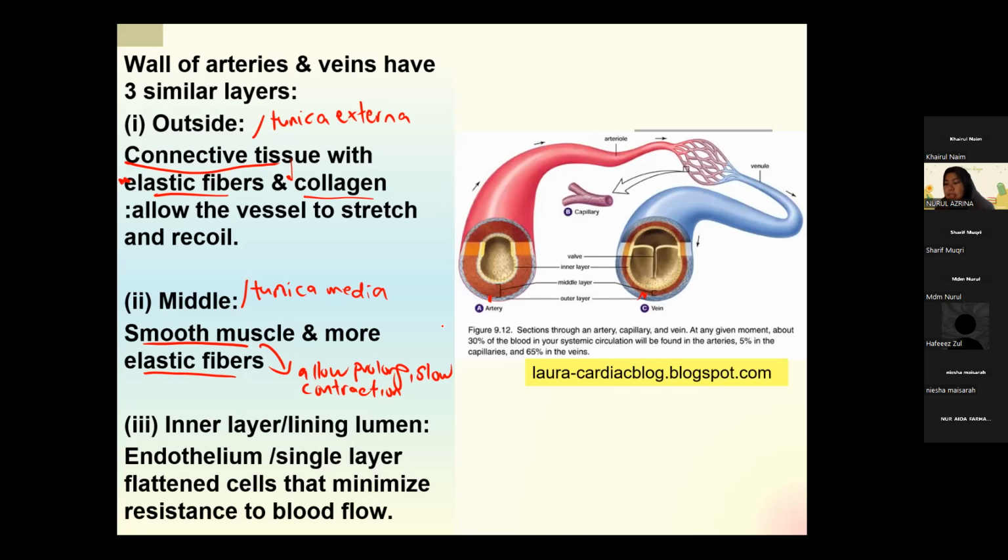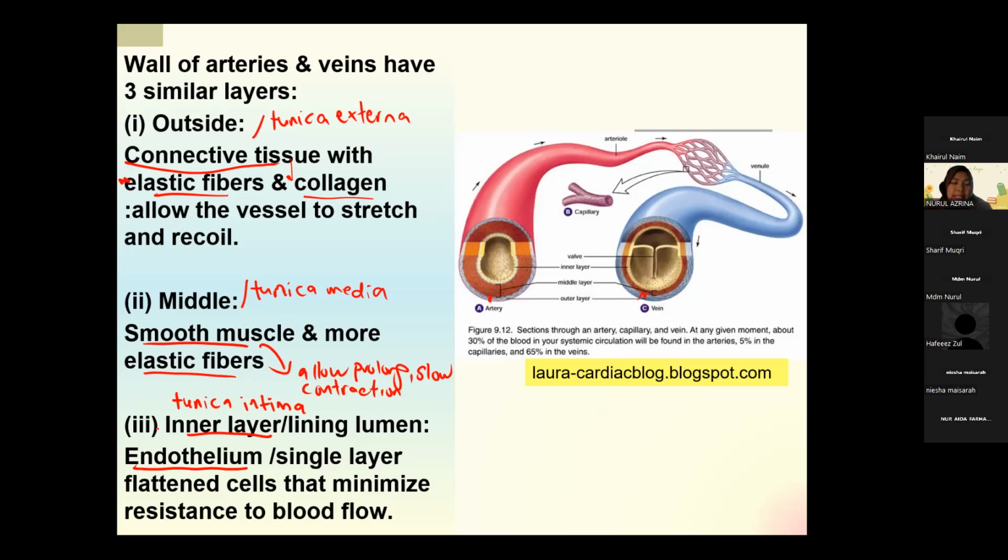And the inner layer, the yellow color, is the inner layer, or named as tunica intima. The inner layer or the lining of the lumen is composed of endothelium.